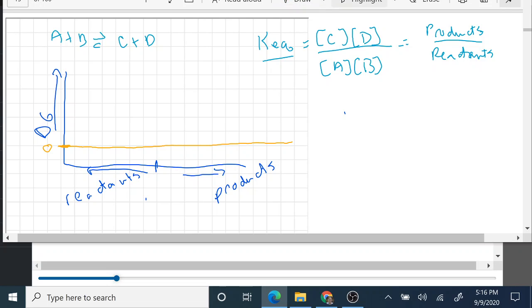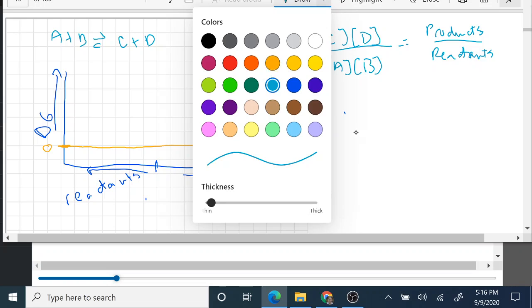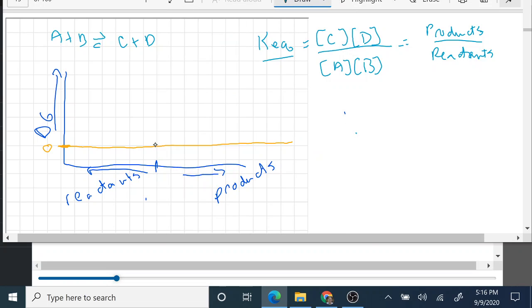Okay, so we could have different types of reactions. We could have different reactions where we have different conditions. We could have a condition where we have an equal number of products and reactants at equilibrium. So remember, delta G is equal to 0 at equilibrium. So at equilibrium, our delta G is going to be on this 0 line.